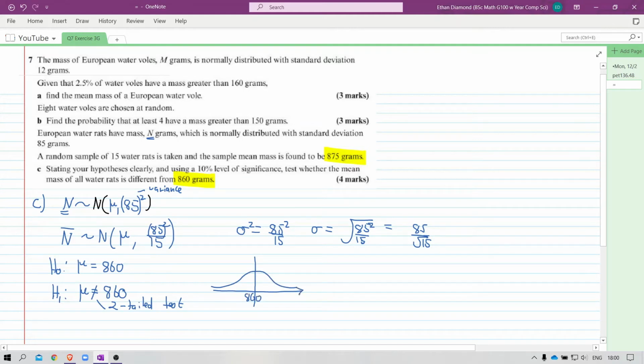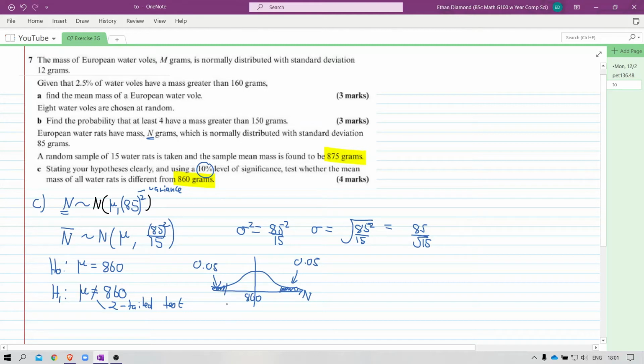This is going to be N. Cool. So we're doing it at 10% level of significance. Remember, we have to split that level of significance either side, 5% either side, so 5% this side and 5% the other side. So this is 5%, which of course is 0.05. Similarly, the upper tail, 0.05 as well.